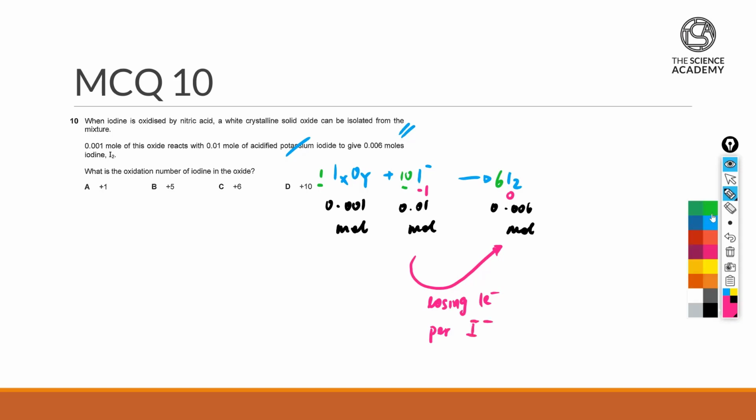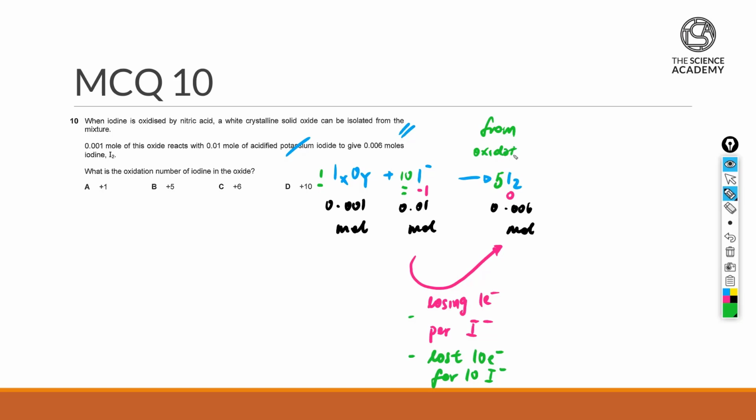But because I have a total of 10 iodide here, that would have meant that I have lost 10 electrons for 10 iodide. So by right, instead of getting a total of 6 I2, I should have split this up because I will only be able to get 5 I2, and this 5 I2 came from oxidation of 10 iodide ions itself.